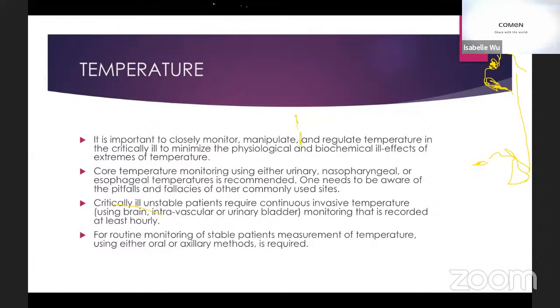So we could either use a urinary probe, a nasopharyngeal probe, or an esophageal probe to give us more accurate readings. But obviously, something is better than nothing. If you don't have those, use the axillary one. And like I said, the trends are more important than absolute value. So you're not just looking at what the temperature is now, but you're checking continuously to see how it is trending.